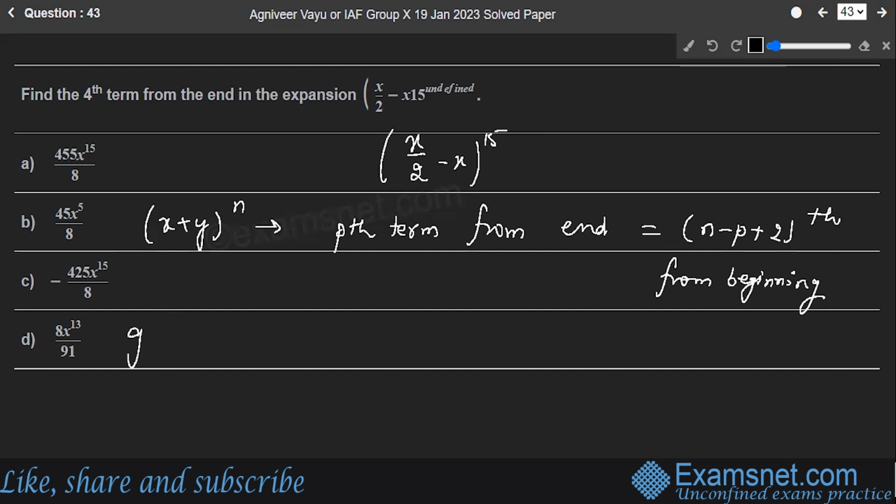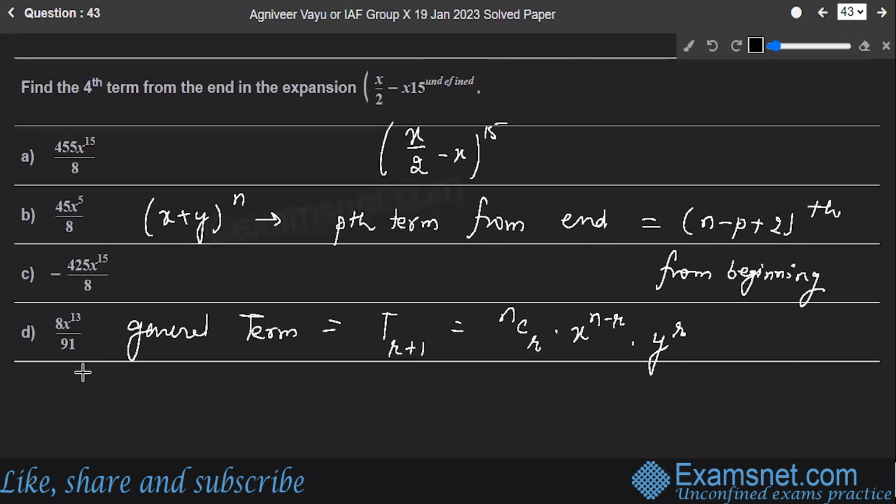And the general term is given by T(r plus 1) is equal to nCr into x raised to power (n minus r) into y raised to power r. Now, you are given this. You have to find the fourth term from the end.